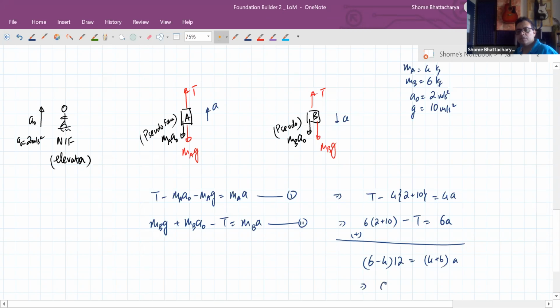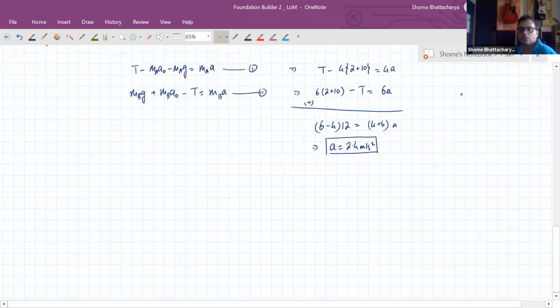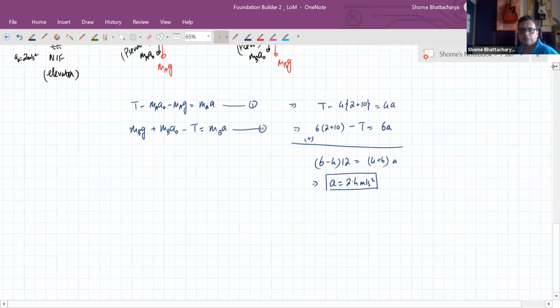So that's correct. We will get the acceleration of the two blocks relative to the elevator to be 2.4 meters per second square. So remember, in this, the value of a that we have got, that is the acceleration of the blocks in the reference frame of the elevator.